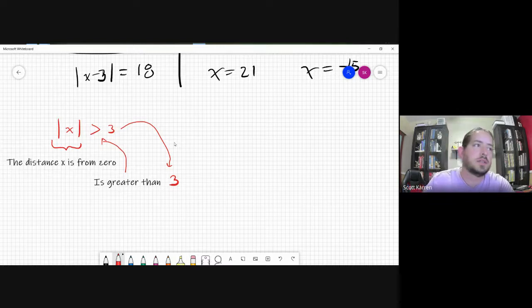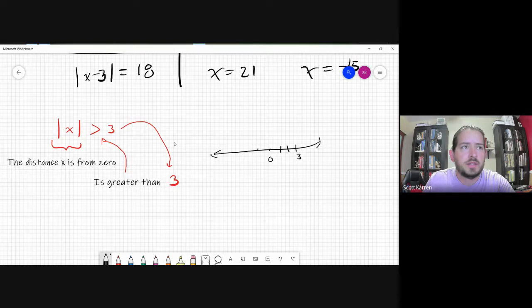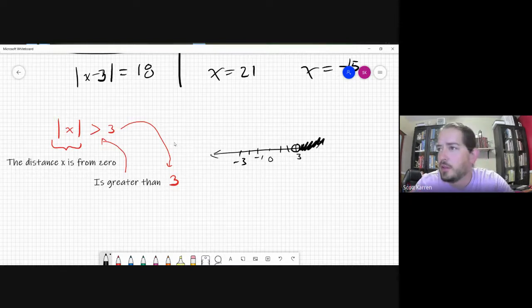So if I look at a number line, it's a terrible number line, but 0, 1, 2, 3, -1, -2, -3. What numbers are further from 0 than 3? Well, those that are past 3, not including 3 itself, because it's a strict inequality, so 3 doesn't qualify. But it's also these over here that are farther than 3 in the other direction.